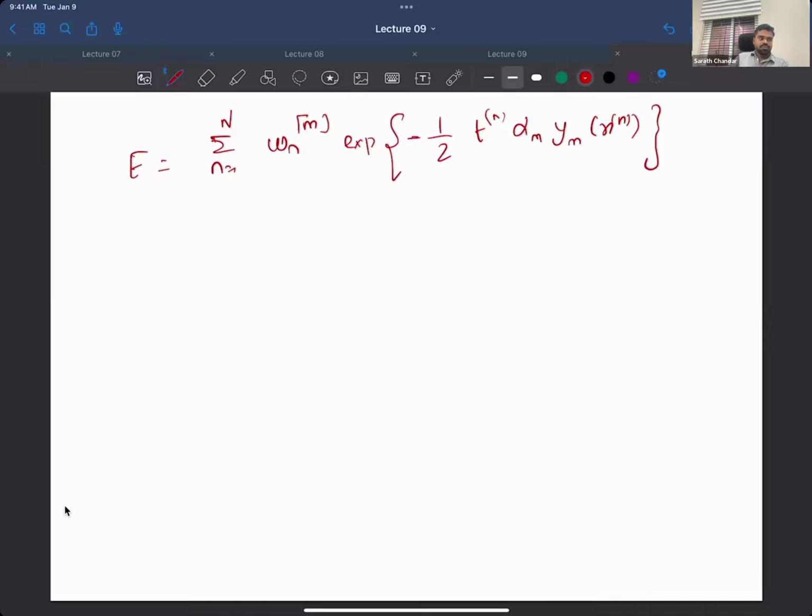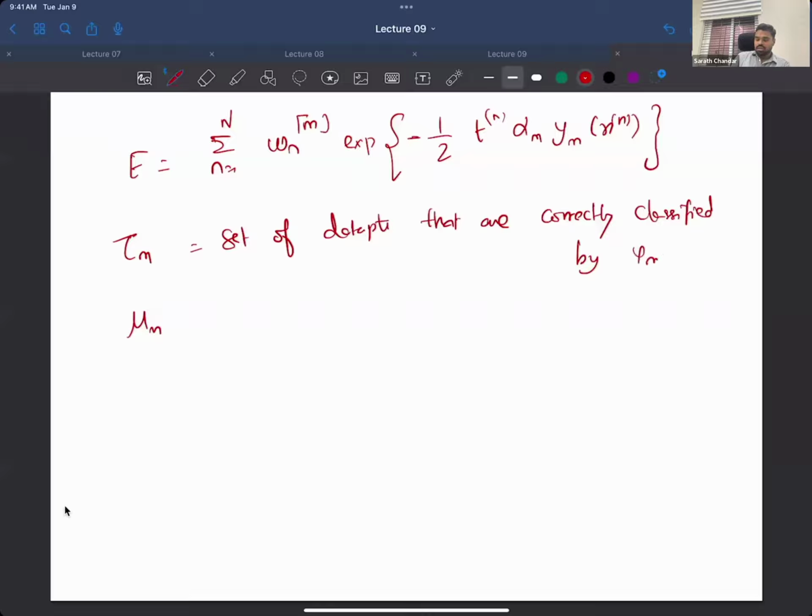Now I'm going to consider two different sets of examples, tau m and mu m. So tau m is basically the set of data points that are correctly classified by ym of x, and mu m is basically the set of data points that are misclassified by ym of x.